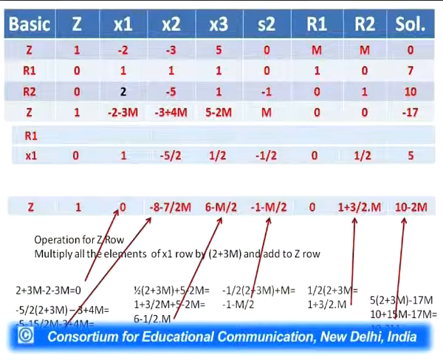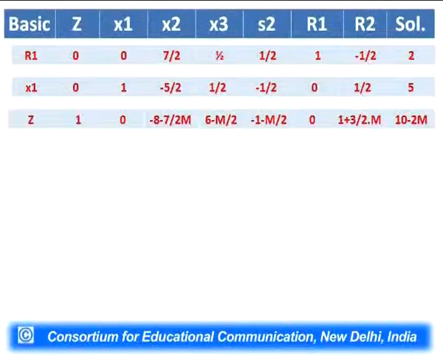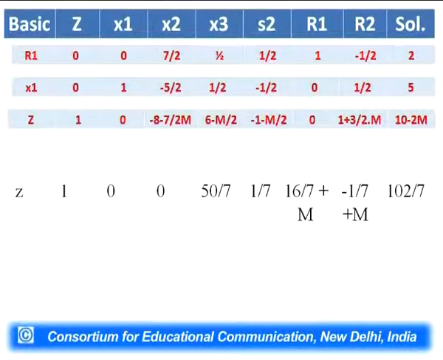So that has been carried out, and the next step is the other row, where the other value also we have to bring to 0, and a similar operation is to be carried out, bringing the value of the element under the X1 column to 0. If we repeat the same, we will get these values: Z, R1, all these have been converted now.